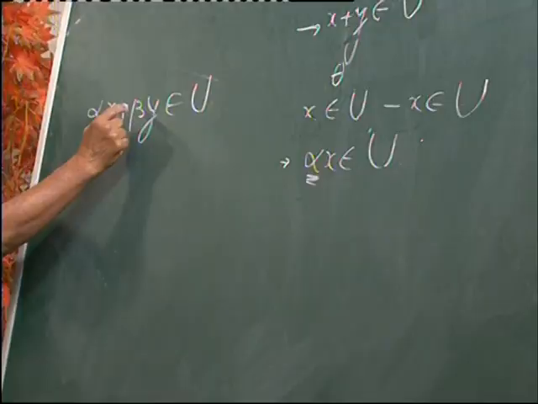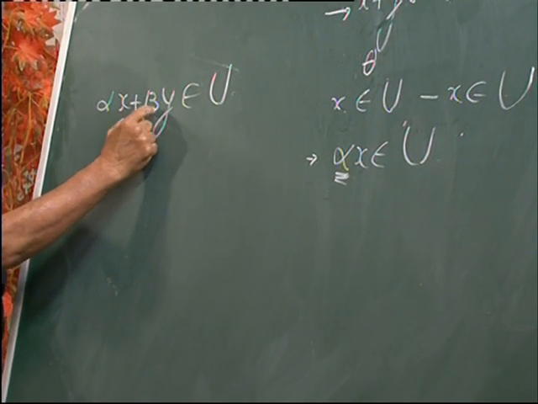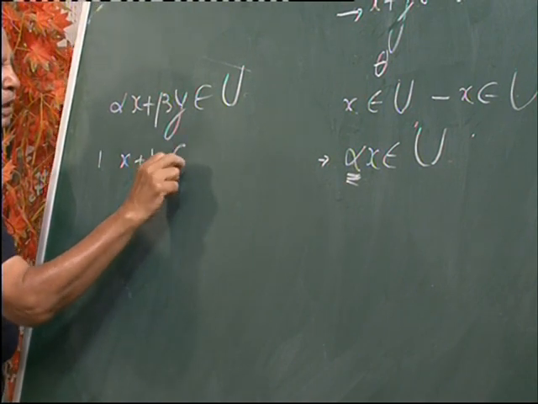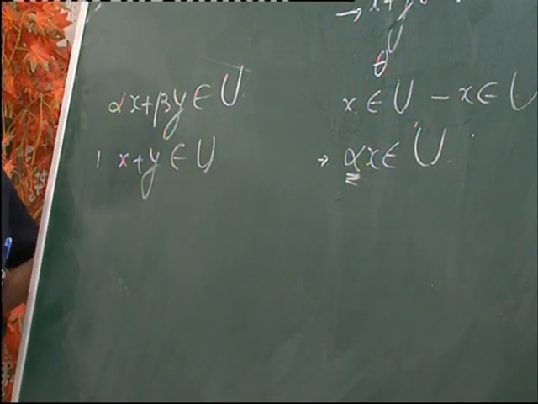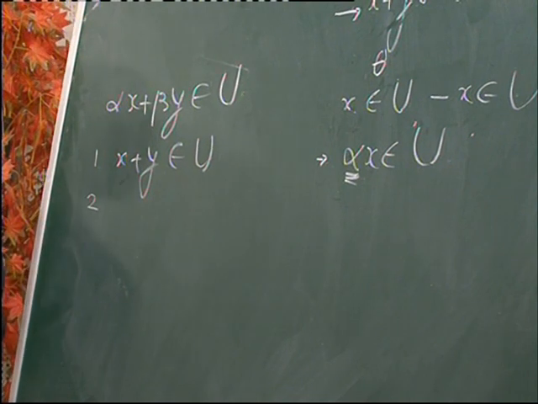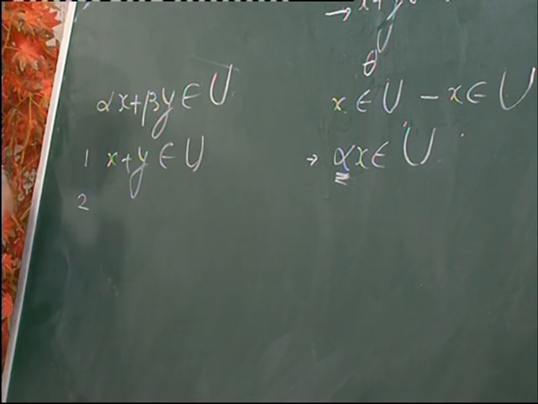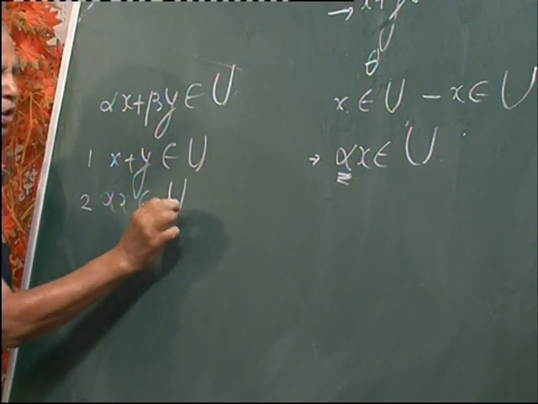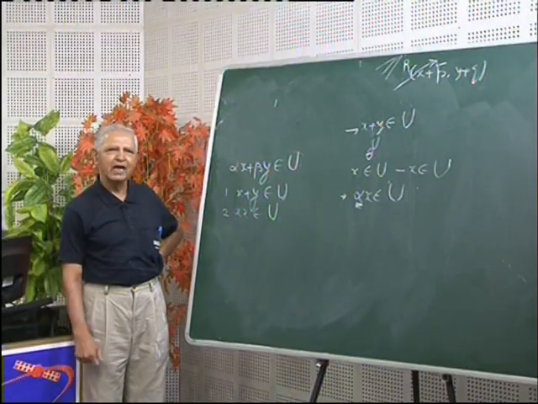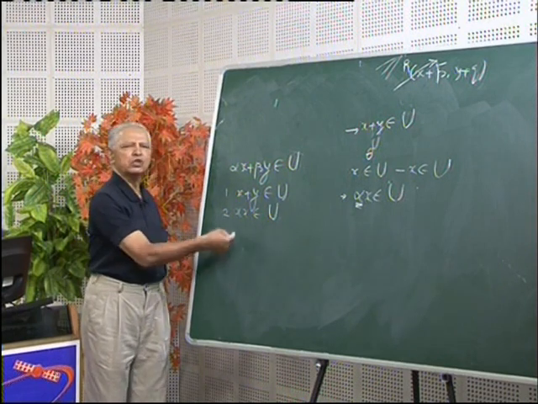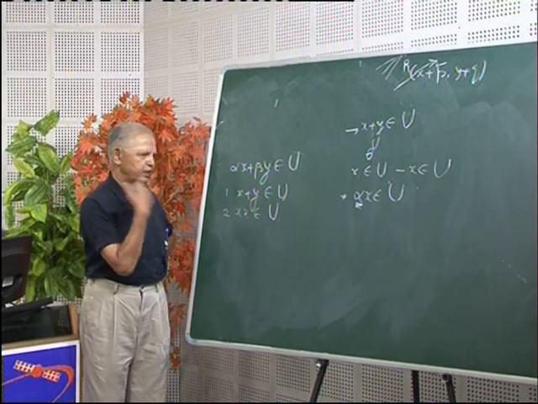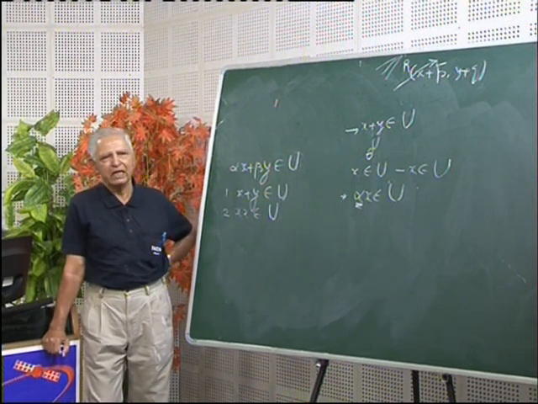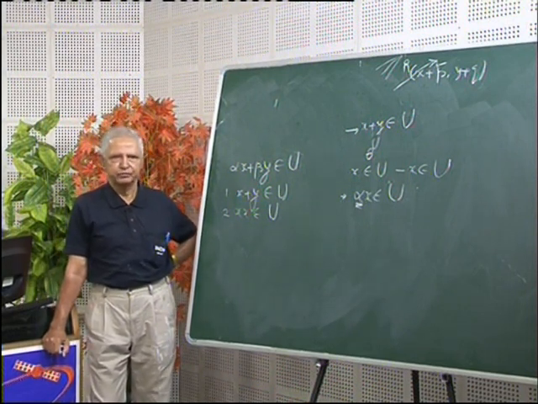Taking alpha equal to 1 and beta equal to 1, we get the first condition, x plus y belongs to U. Second, taking beta equal to 0, we get alpha x also belongs to U, and that implies both the conditions of the theorem are satisfied, and so U becomes a subspace. The converse part I leave to the students.